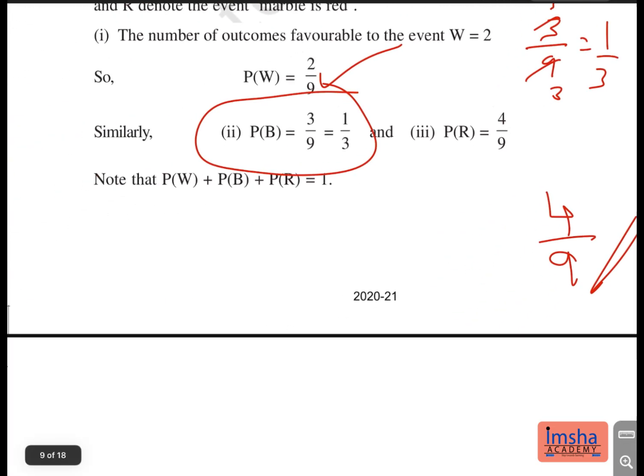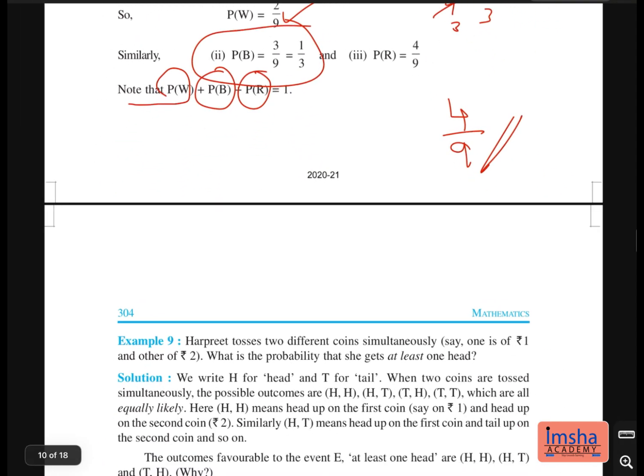When you add them, P of white, P of blue and P of red, the event of the marble being white, blue or red is totally 1. So we will check that. 2 by 9 plus 1 by 3 plus 4 by 9.